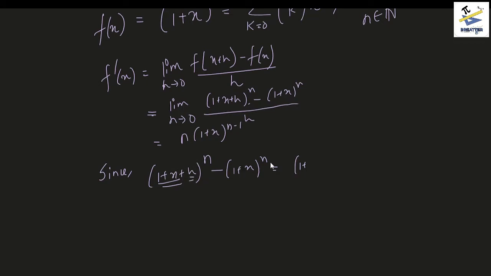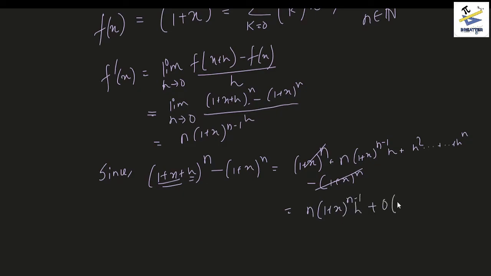So it's a plus b whole to the power n, whose expansion is a to the power n plus n into a to the power n minus 1 into b plus higher powers of h square into something plus all the way up to h to the power n, right? Minus 1 plus x whole to the power n. So this gives you something like this: n into 1 plus x whole to the power n minus 1 into h plus higher parts of h square, like h square and above.